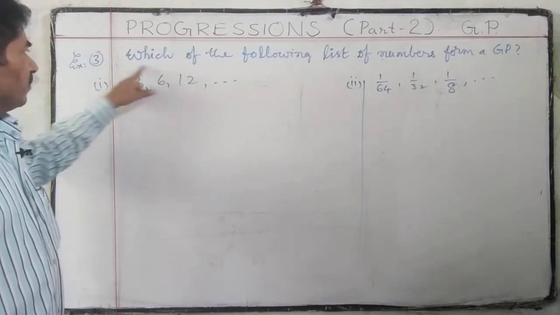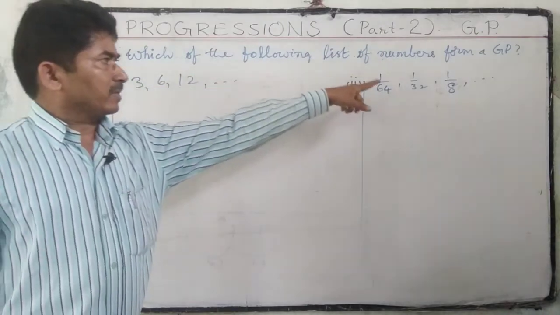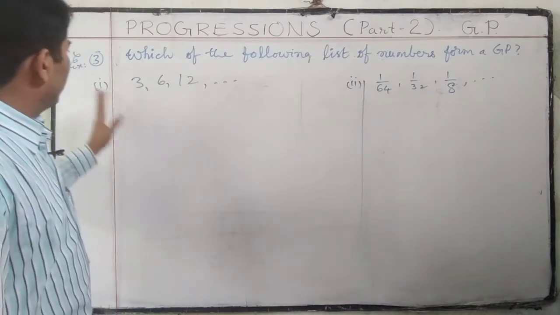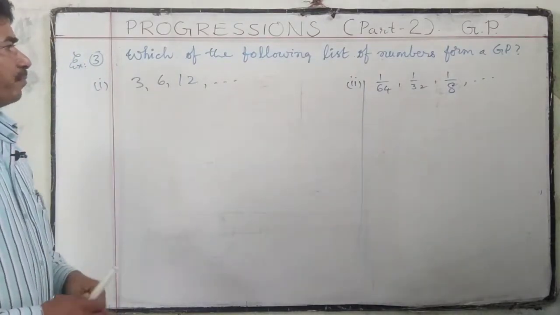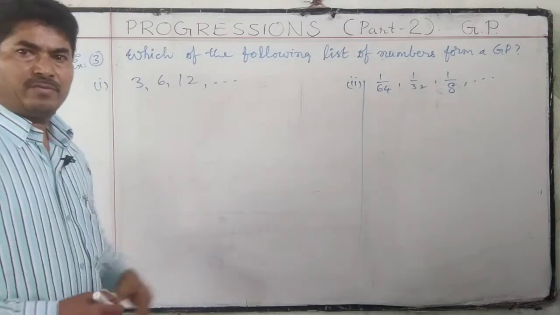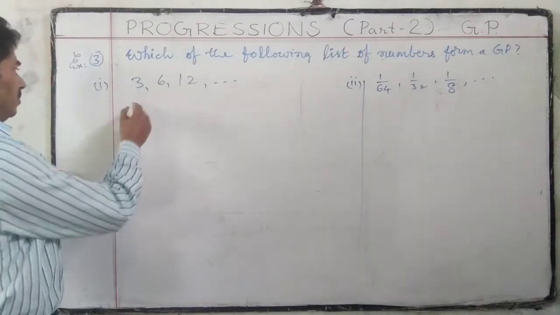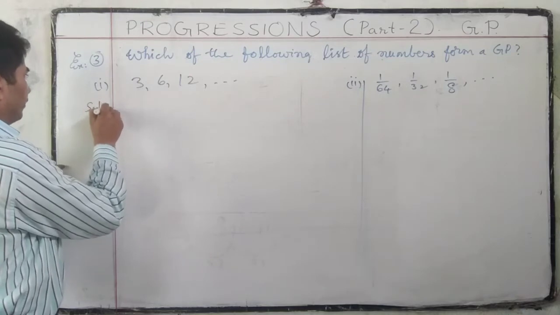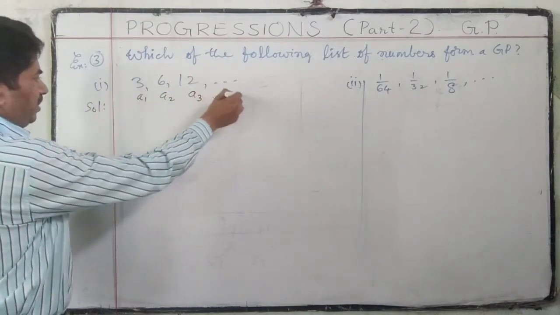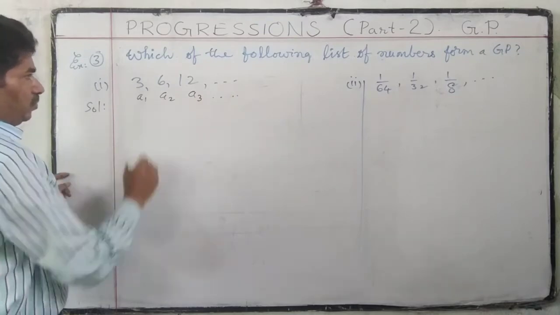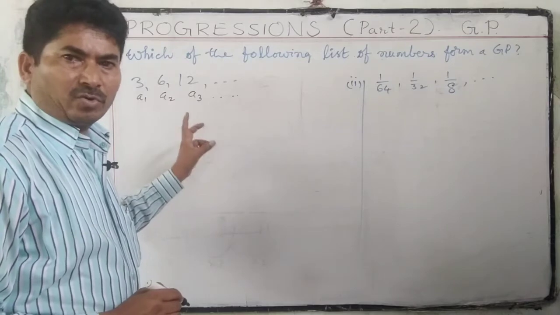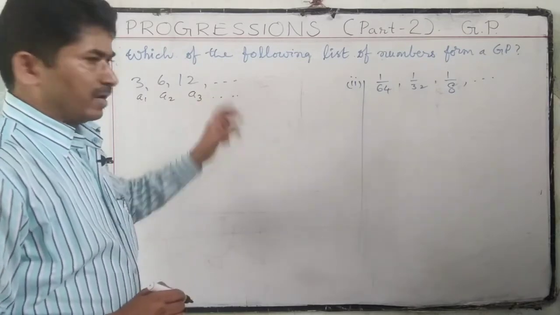Example 3. Which of the following list of numbers form a GP? Here we have two problems. First problem, 3, 6, 12. To check whether the list of numbers forms a GP, this is the solution: a1, a2, a3 and so on. To check this GP, we have to find the common ratio.